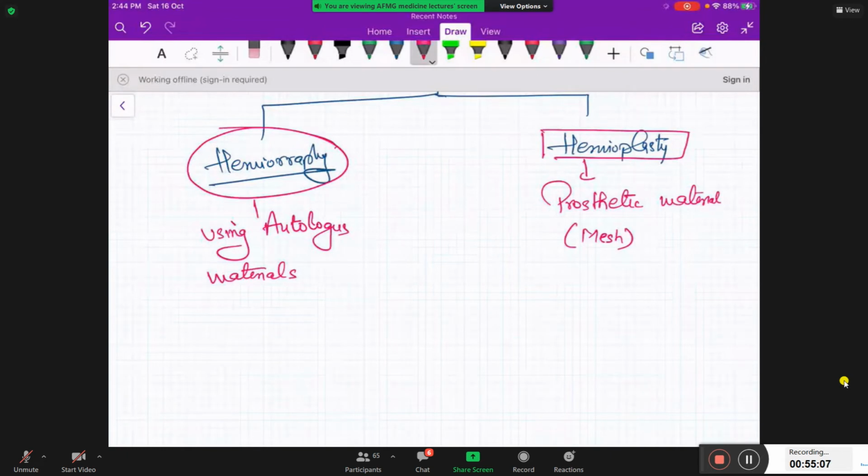Autologous material means like tendon, muscle or fascia lata.